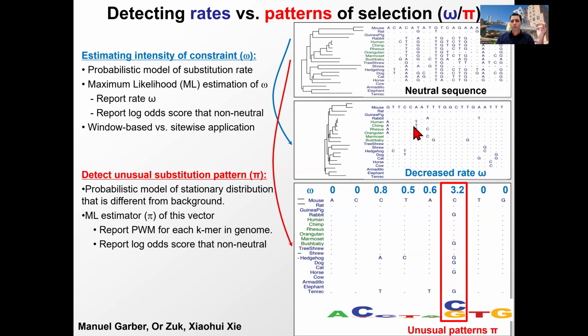Sounds good? So I can also see that in this particular position, I have a G or a C. So I have C here, G, C, C, C, C, G, C, C, G, C, etc. So there's a bunch of species that have changed independently into a G. This is not phylogenetically consistent.